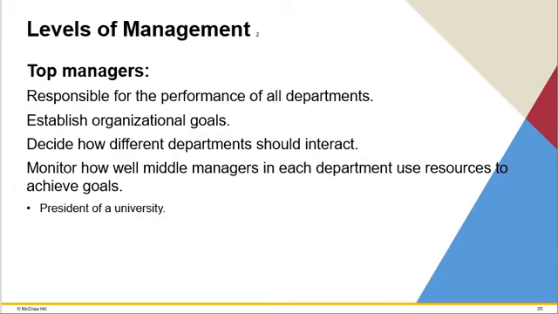Dan di bawah CEO tu, ni company yang agak besar, kadang-kadang dia ada chief operating officers, chief finance officers, chief people officers. So those COO, CFO, CMOs, antaranya adalah the top managers.